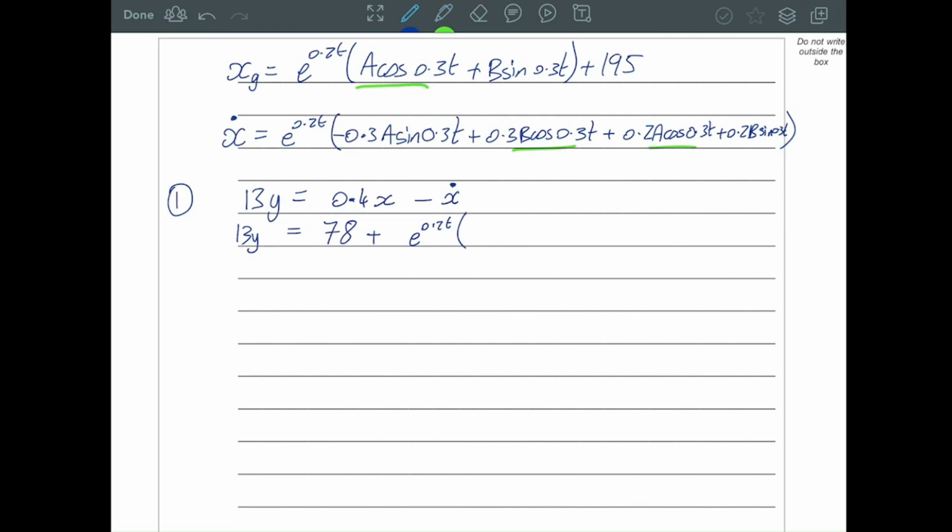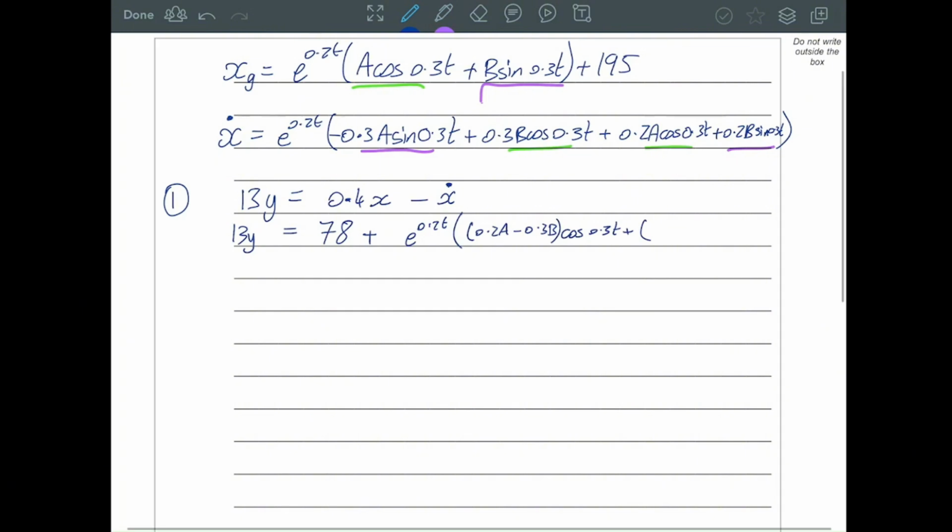So I'm going to have left over (0.2a minus 0.3b) cos 0.3t. For the sine, I want 0.4 of that, and I'm subtracting those two terms.